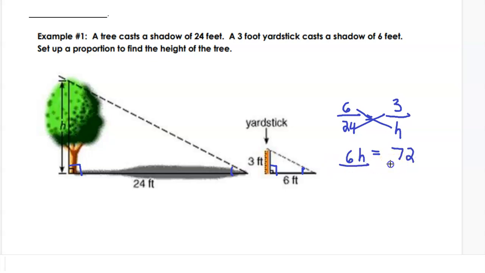Divide both sides by 6, and you can see here that h equals 12 feet.